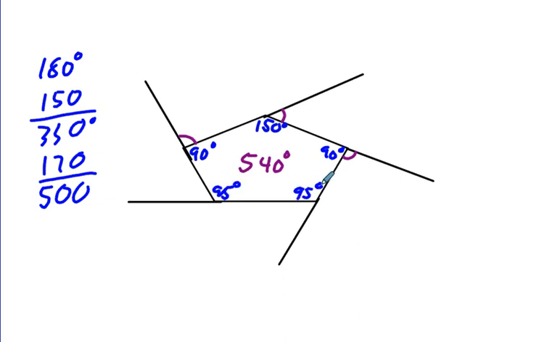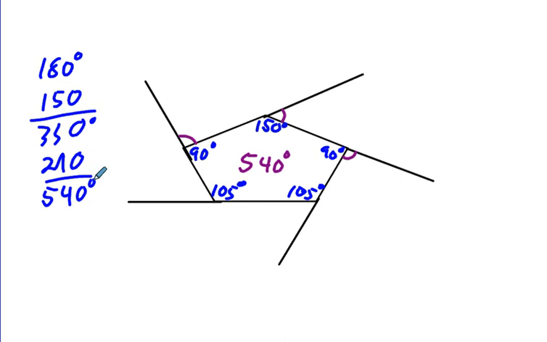These were 85, which was my 500 degrees, so I need to add 20 to each. That gives me 105 degrees for each of those. So let's try that. Let's add 210 here, and that would be 540.